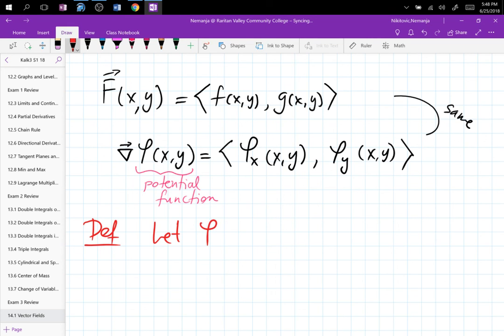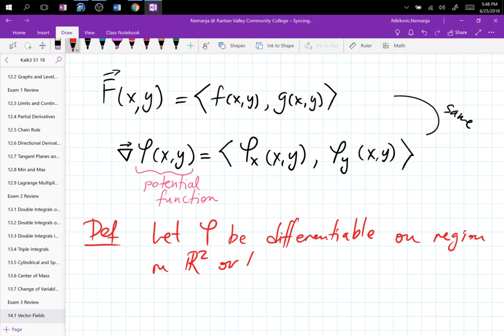Let phi be differentiable on a region in R2 or R3. The vector field F equals del phi is a gradient field.